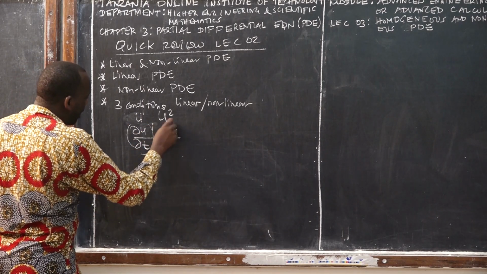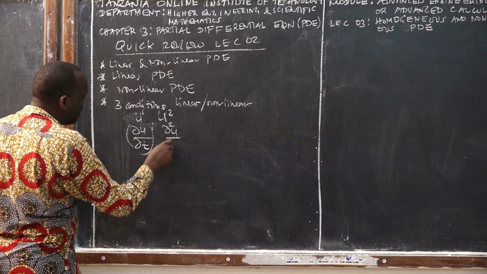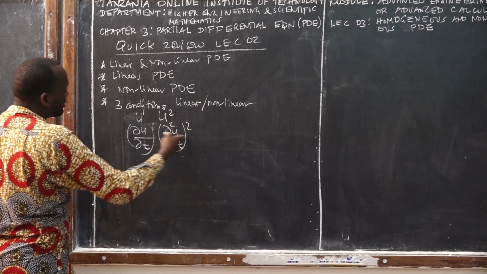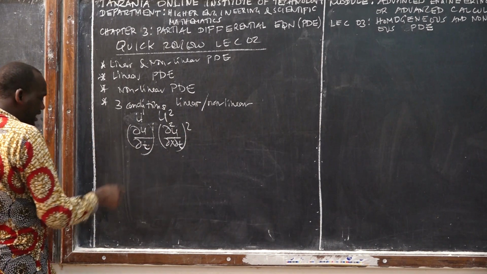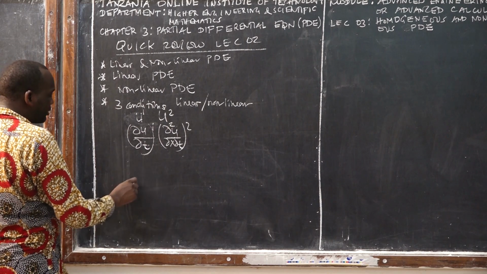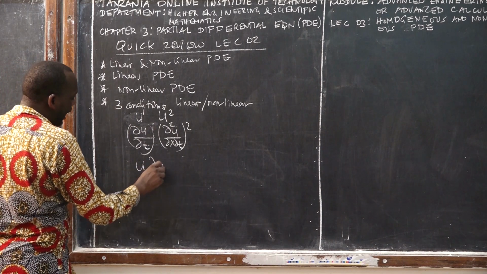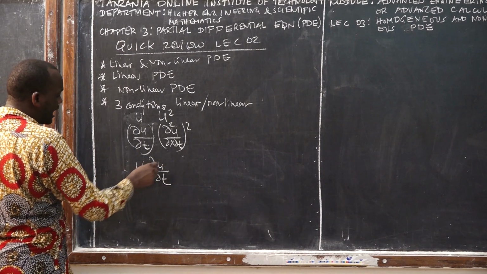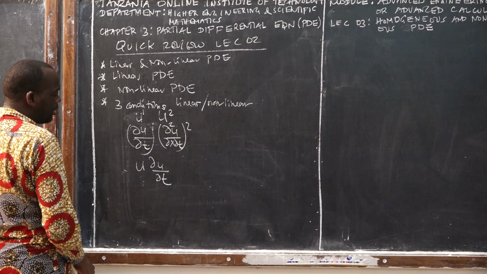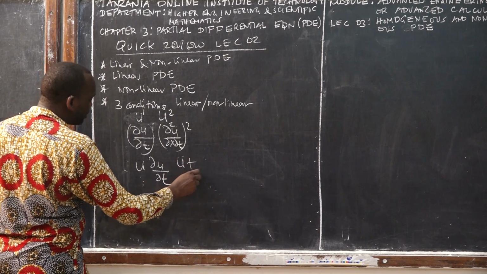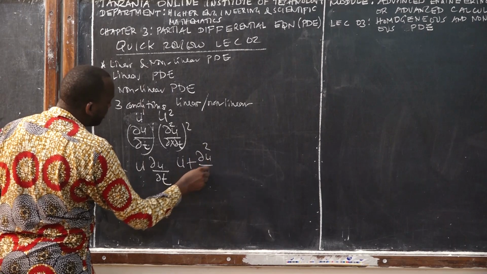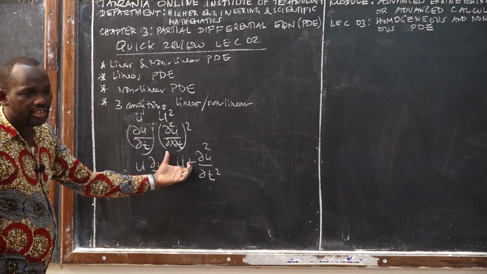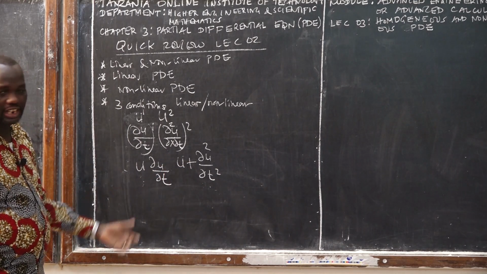But if the power of the second partial derivative of u with respect to x and t is, let's say, 2, then it's non-linear. Again, the third condition discusses the product between the dependent variable and the partial derivatives. For instance, if you have something like this one, this is a non-linear differential equation. But if the dependent variable is separated from the partial derivatives like this, then we say that this is linear. So this is a linear partial differential equation, this is non-linear.